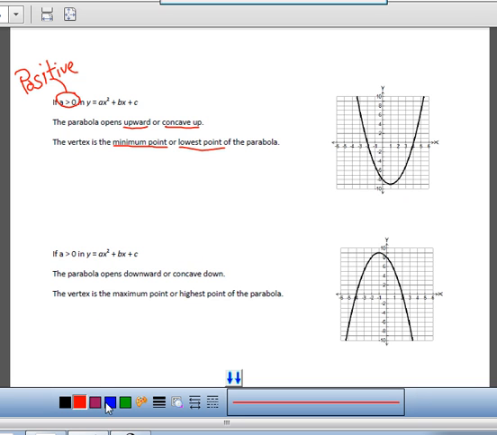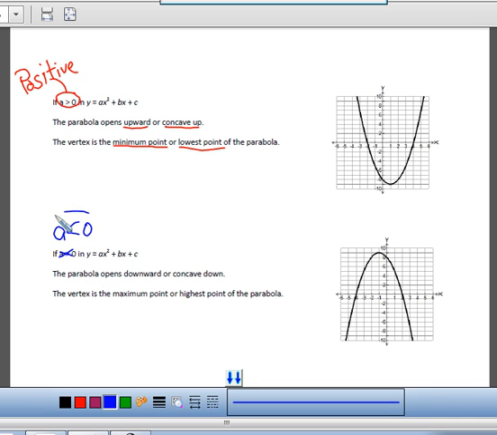Now, down below, I noticed when I was going through and making my notes that this first statement here, if a is greater than 0 in y equals ax squared plus bx plus c, that's the same statement as up here. This is wrong. This is supposed to say if a is less than 0.